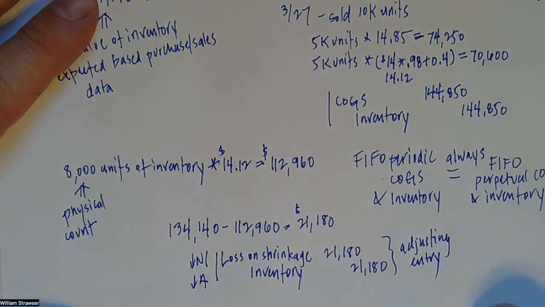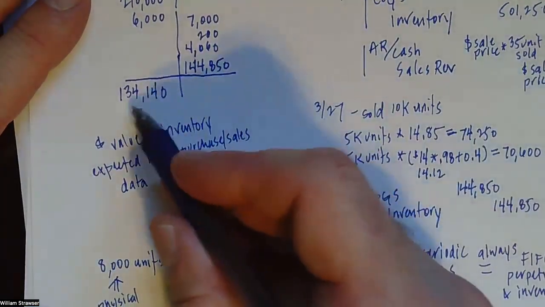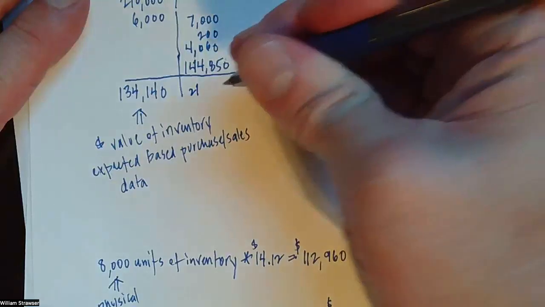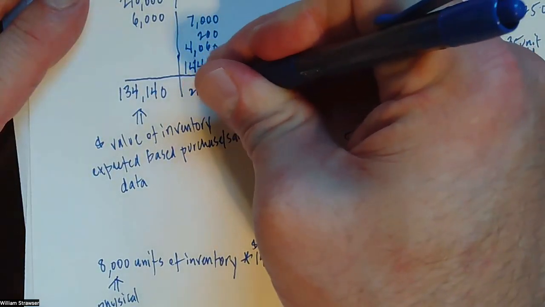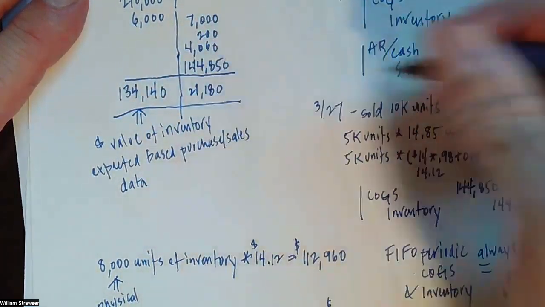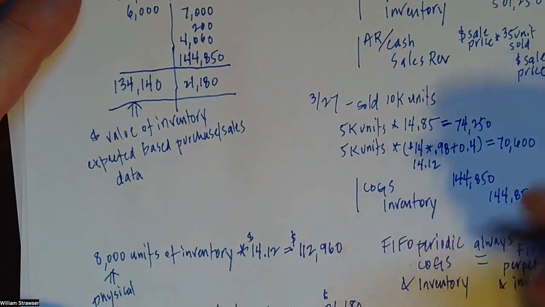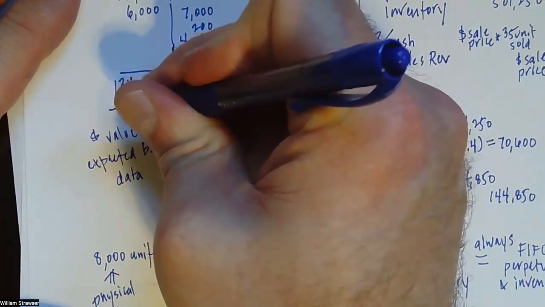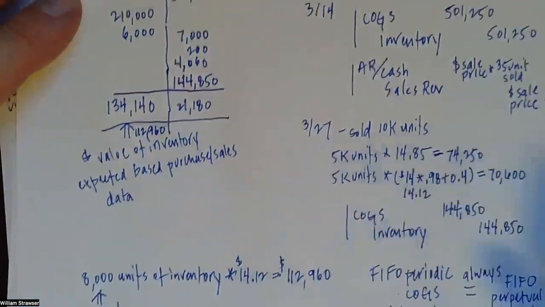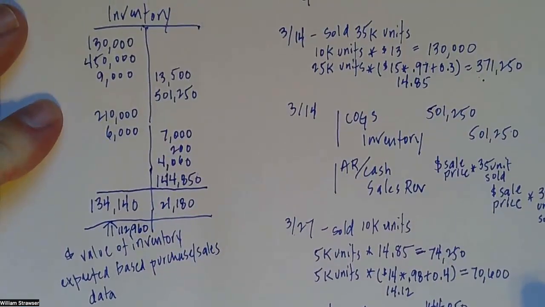So it would take my unadjusted balance of 134,140. If I credit it by 21,180, that will bring my inventory balance down to the appropriate amount of 112,960. And this would be my adjusted balance for the inventory account.